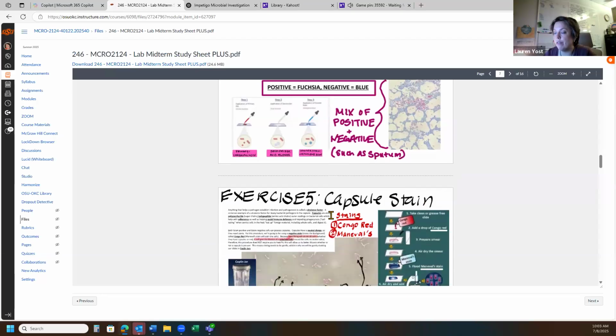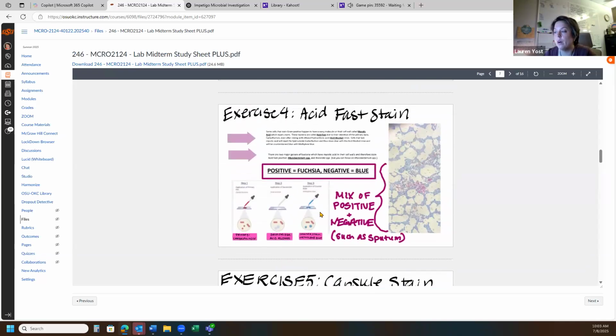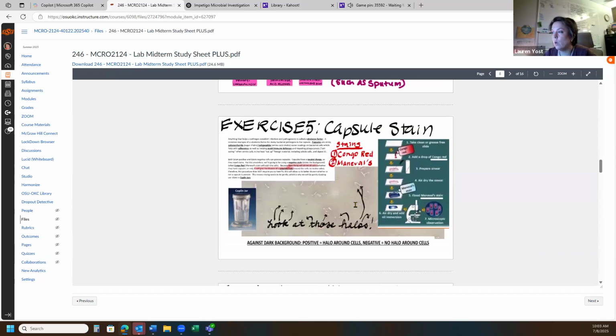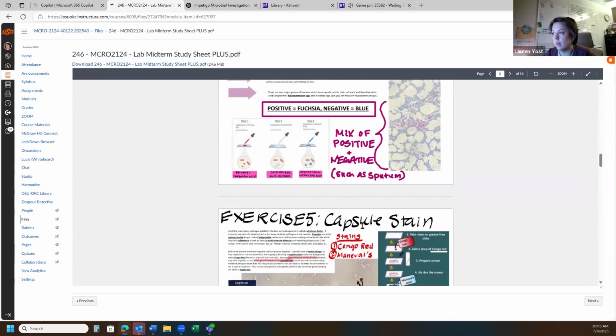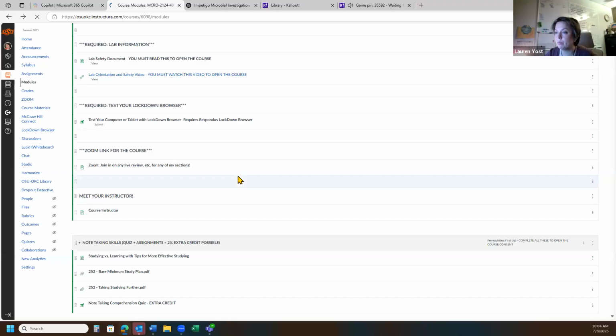So definitely for each stain, know what your primary stain is, if there's any mordants, if there's any decolorizers, if there's counter stains or secondary stains, and stuff like that. So we'll go over a little more detail in that with this review. But the information that you would be using to follow along with the review, it should be in these study sheets and it should be covered in your learning objectives for the lab.